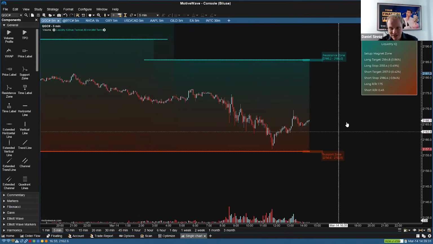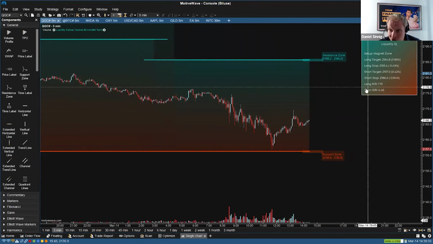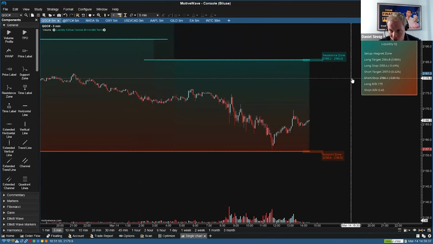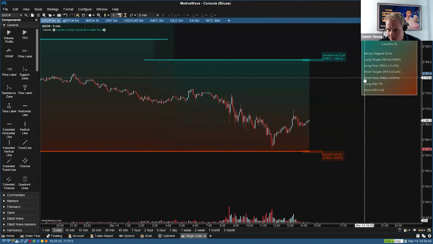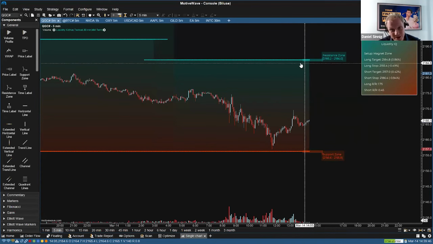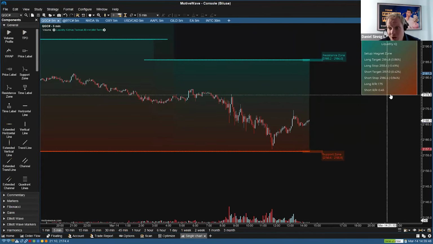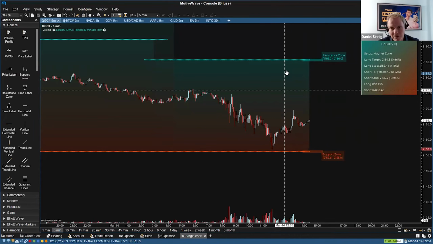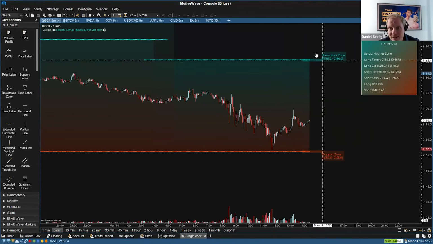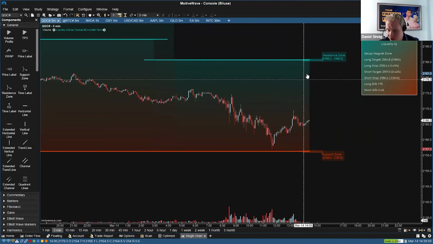And the indicator will actually tell you, if you were to take this short trade, your target for the short trade should be around 2,157, this level down here. Your stop would be all the way up here because that's the nearby resistance zone, and your risk reward was 0.45. Not the greatest risk reward, so I probably would shy away from this trade because my stop would be fairly far away, but at least you can see this right away once applied to the chart.